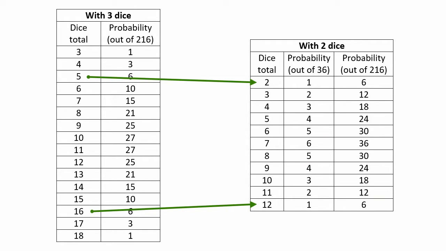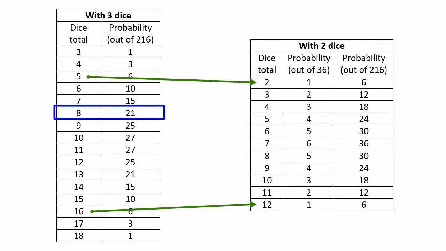Now in the table for rolling 2 dice, apart from the results of 2 and 12, the rest have probabilities that do not match any of the totals of the 3 dice. So that means if you want to get the same probability as if you were to roll 2 dice, you'll have to say 2 of the results when rolling 3 dice will equal a certain result when rolling 2 dice.